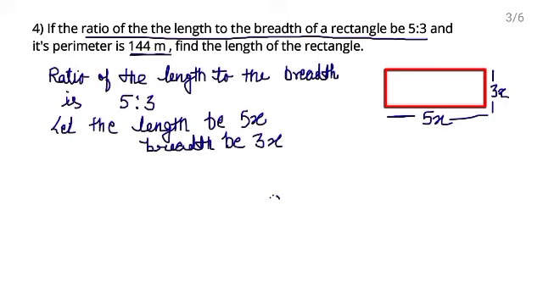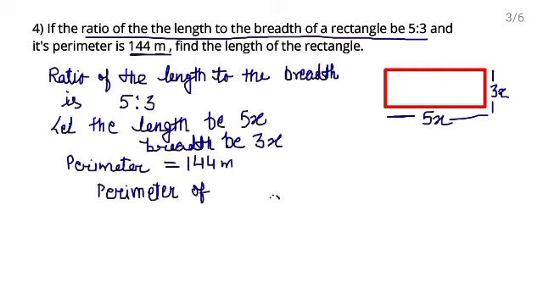Now we know the formula of perimeter of rectangle. They have given the perimeter, which is 144 meter. We know the formula. Perimeter of rectangle is 2 into in bracket length plus breadth.